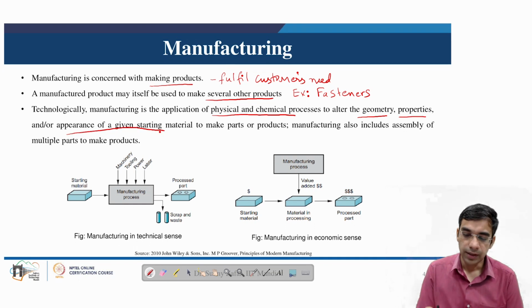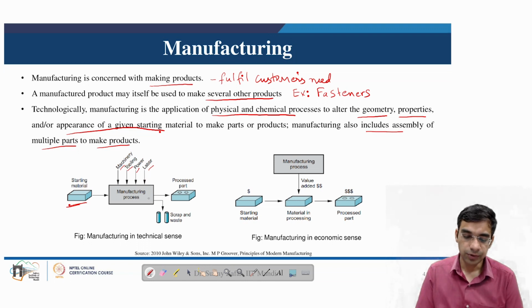starting material, which makes the product, and manufacturing may also include assembly of sub-products or multiple parts to make the final product. So in manufacturing, in a technical sense, we have a starting material. During the manufacturing process, there will be several inputs into the process, which include machinery, tooling, power and labor.